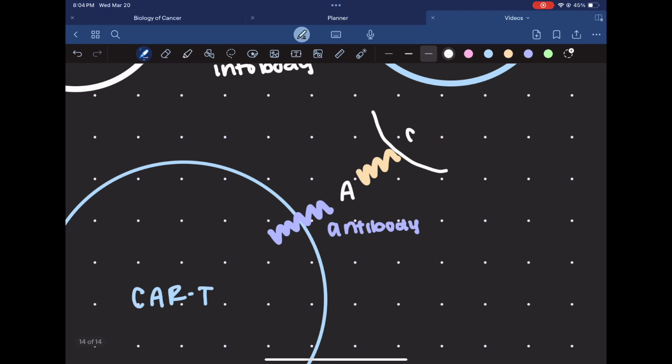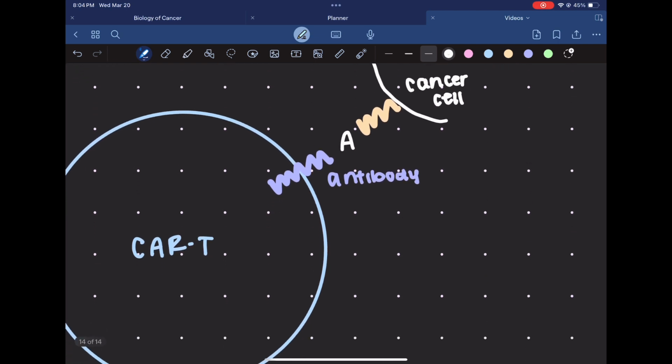So this is my cancer cell off in this corner here. This antibody is specific to recognizing this antigen. And we've talked in prior videos about how cancer cells can get rid of antigens that are being recognized. So we're going to make an antibody that can recognize this antigen.